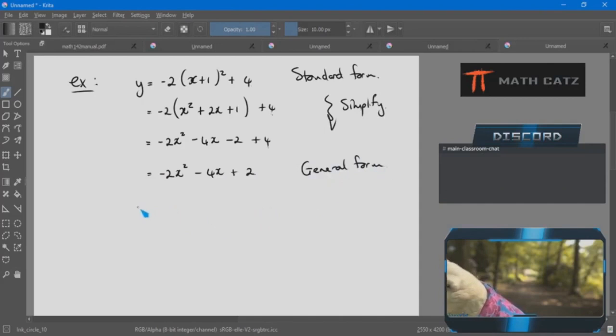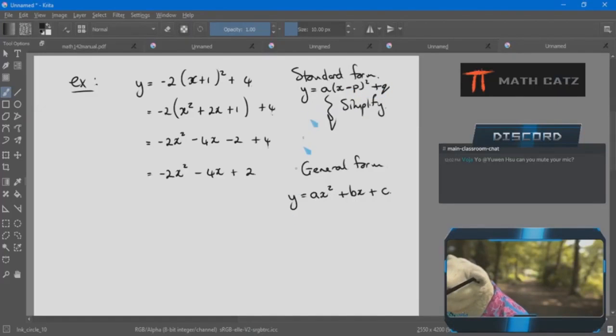The general form is ax squared plus bx plus c. The a is still the same as the standard form's a. So there is something carried forward, but the b and the c are combinations of p and q and a in the simplification process.